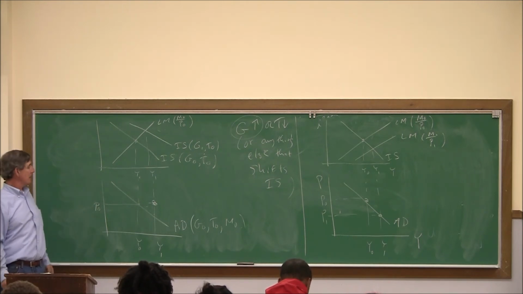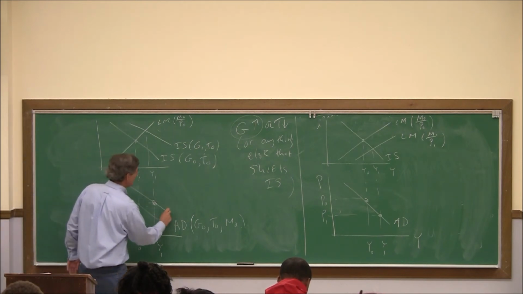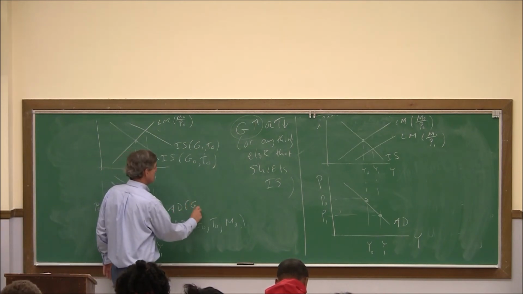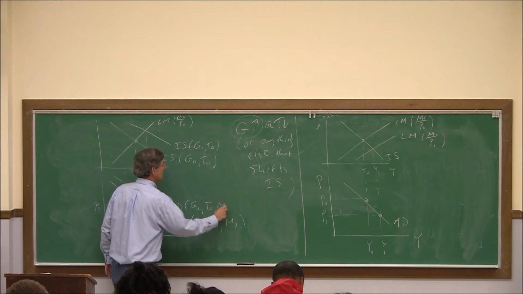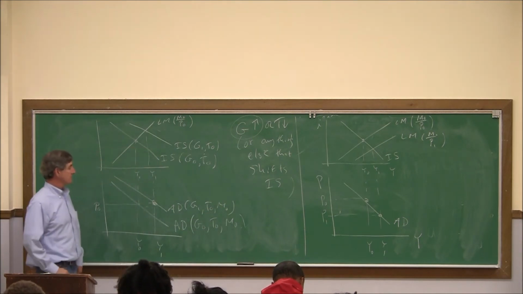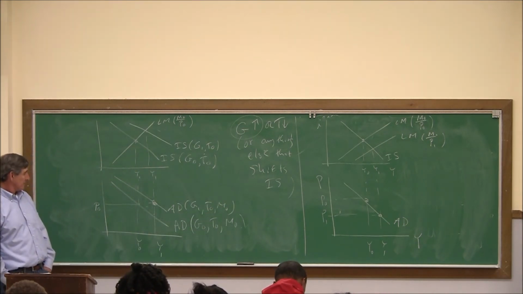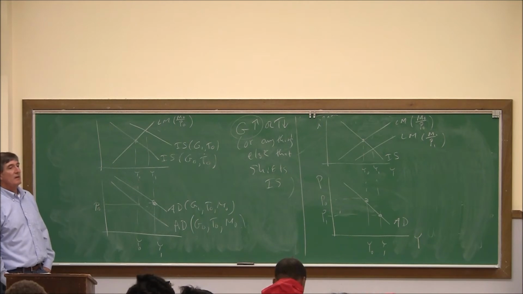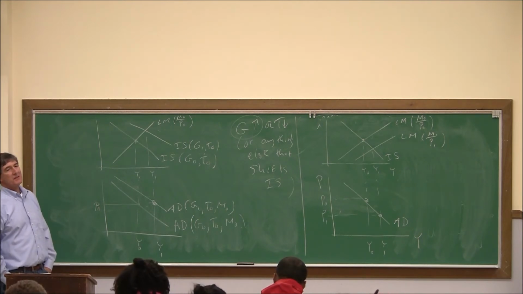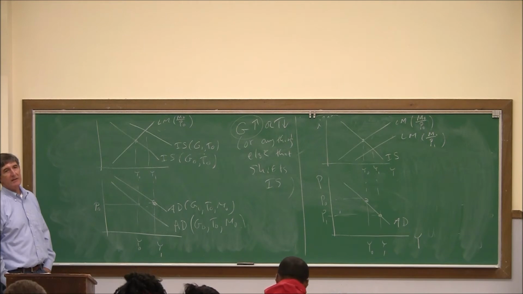So the aggregate demand curve shifts out. Anything that shifts the IS curve to the right causes the aggregate demand curve to shift out.